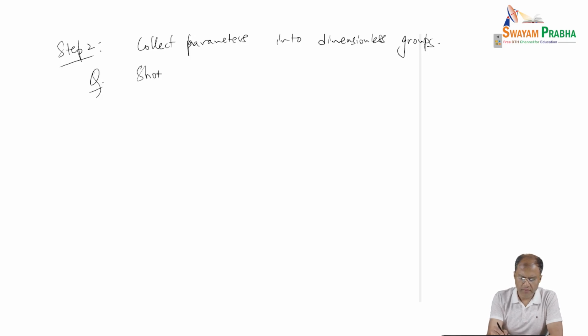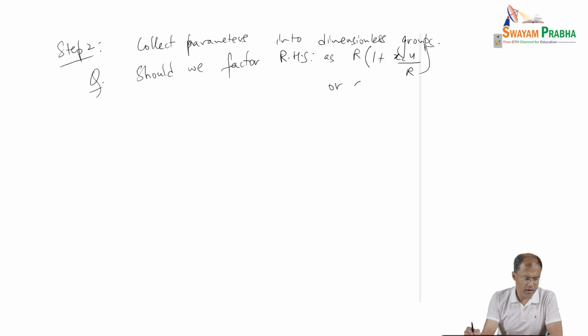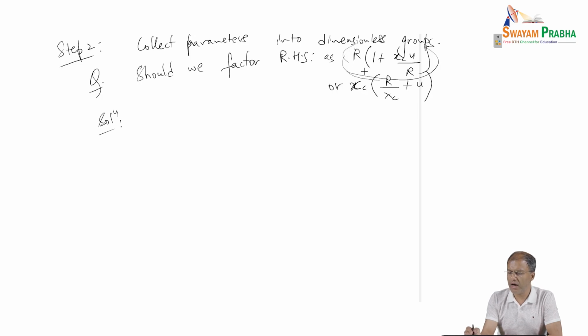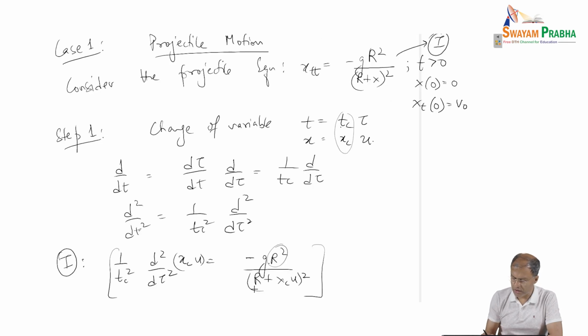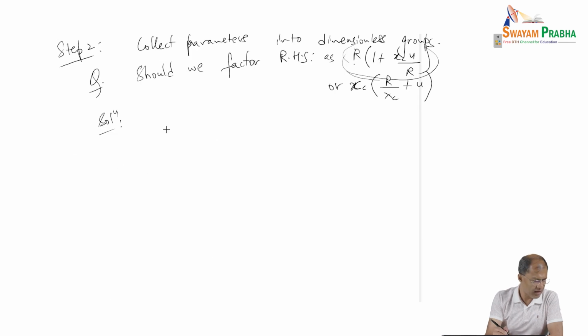So should we factor RHS as R times 1 plus xc u over R, or xc times R over xc plus u? Right? So the solution is that with this first choice we can bring out R and we can cancel this R with the numerator. That is, notice that we have an R square in the numerator, and R square, when it is brought out in the denominator, they get cancelled. So that is going to simplify.